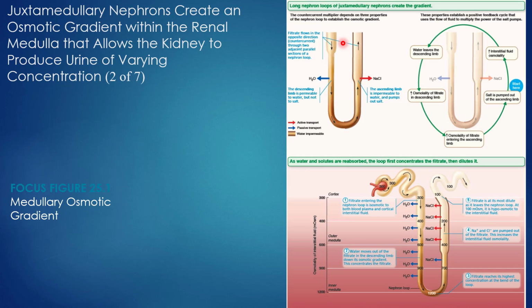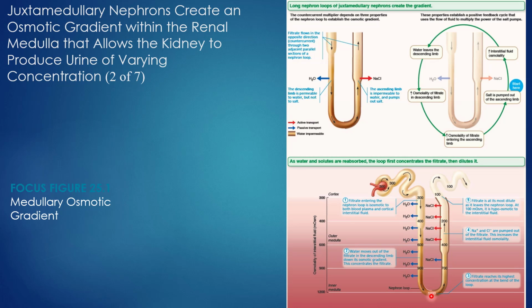So you know that in that regard, the osmolarity of the filtrate in the descending limb is going to increase, because as the filtrate goes down here, water leaves, and therefore everything here gets to be salty. And you could see it right here, the saltiness from 300 milliosmol goes all the way down and becomes very salty right here.